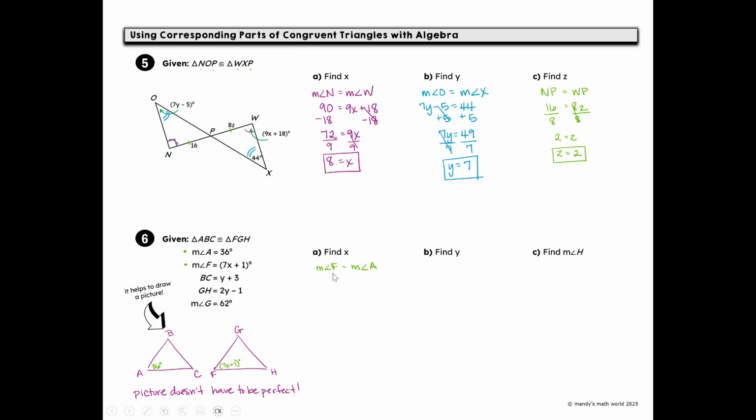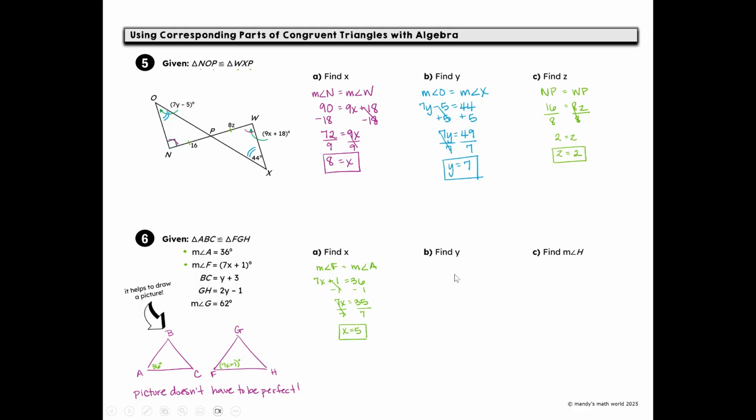So I know the measure of angle F is equal to the measure of angle A. Angle F is 7x plus 1. A is 36. And now I'm just going to solve for X. So I subtract 1 from both sides. I get 7x equals 35. Divide both sides by 7, and I get X equals 5.